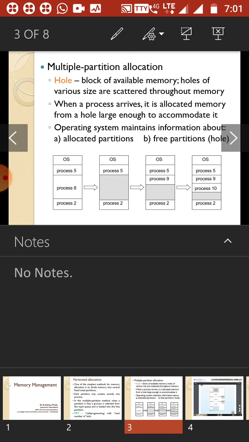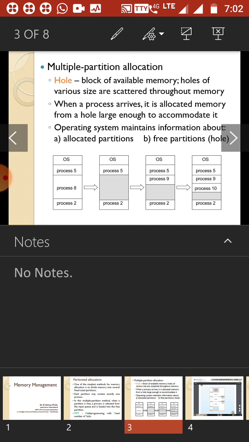For example, a hole means a block of available memory. Holes of various sizes are scattered throughout the memory. When a process arrives, it is allocated memory from a hole large enough to accommodate it. The operating system maintains information about allocated partitions and free partitions.